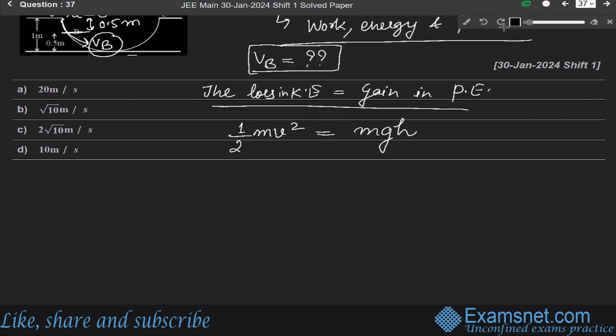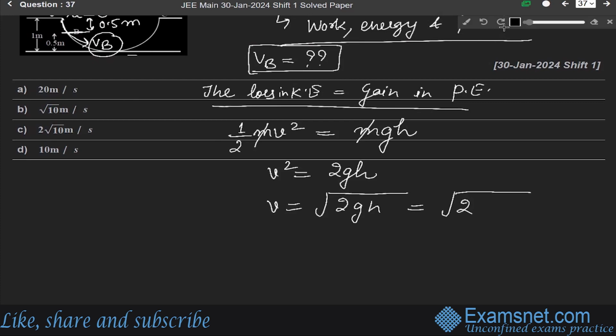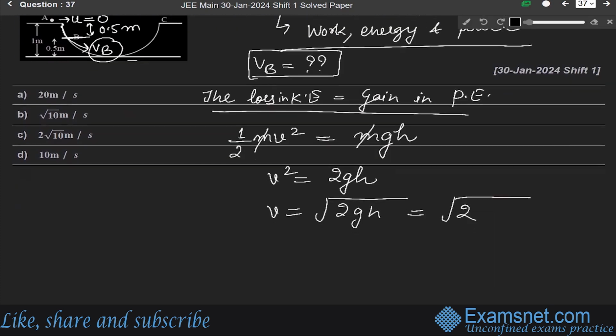The m cancels out, so v square equals 2gh. So v will be equal to under root of 2gh, meaning under root of 2 into g. g is 10 and height is 0.5, so it will be equal to under root of 10 meter per second. So the velocity is under root 10 meter per second, and the correct option is B.